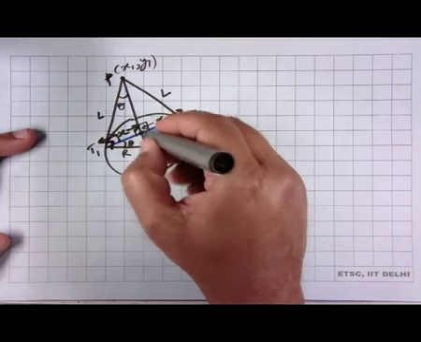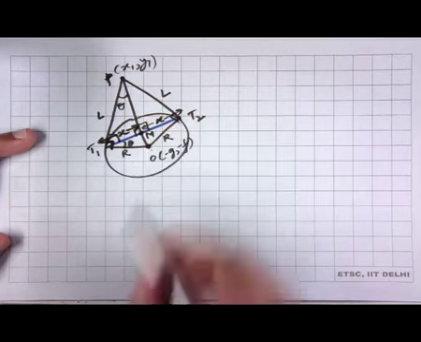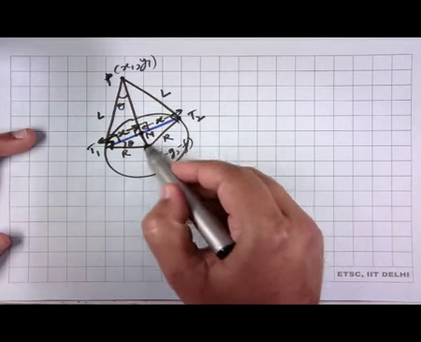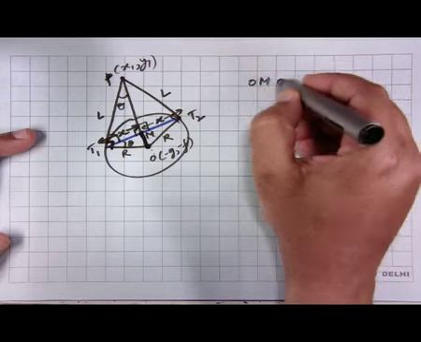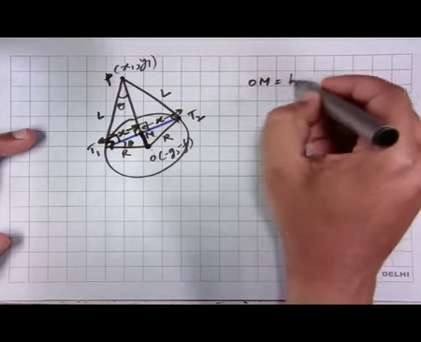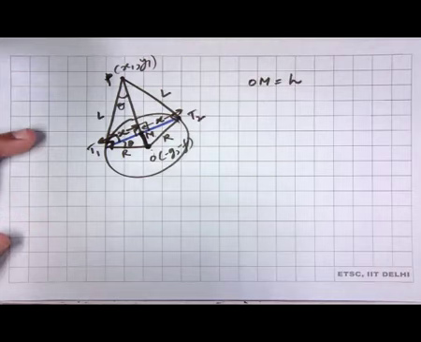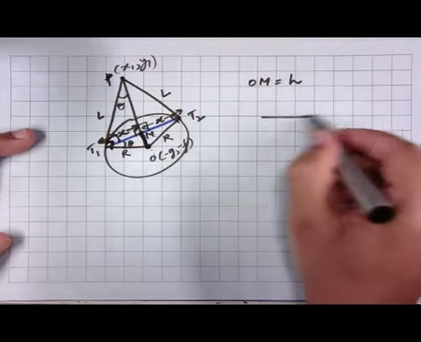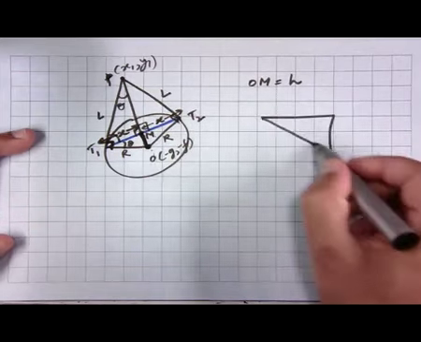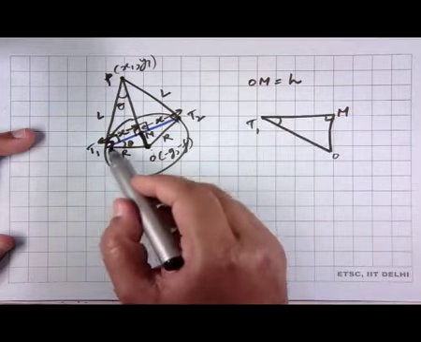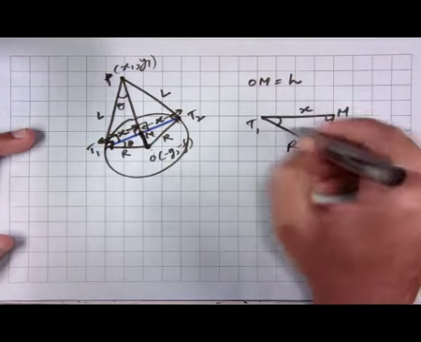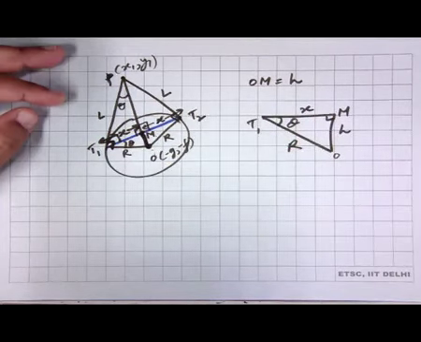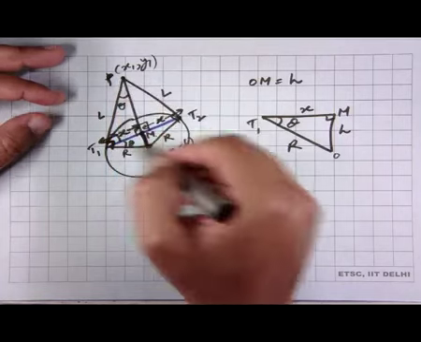So, let this midpoint be M, and let us say that this small length here, OM, we will denote it by h. So, we have this triangle T1MO, like this, and we also have the triangle PT1O.